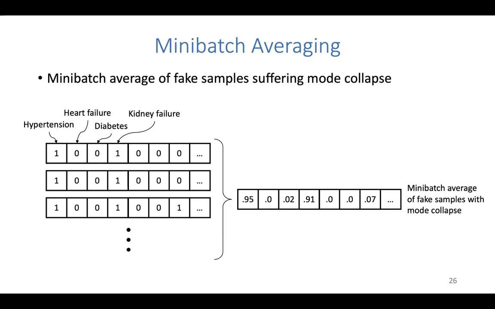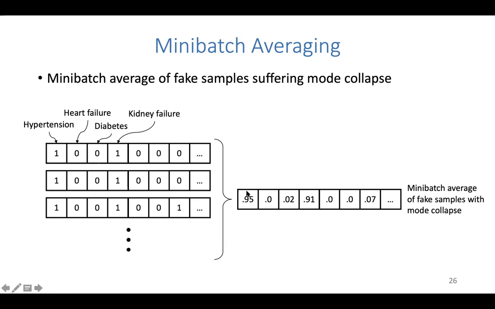And if we take an average of this mini batch for each dimension, we would get a vector like this. Since hypertension is always 1 with a very small number of exceptions, and kidney failure is also always 1 with a very small number of exceptions, and all the other diseases are all zeros, again with a very small number of exceptions, we would get a vector like this.